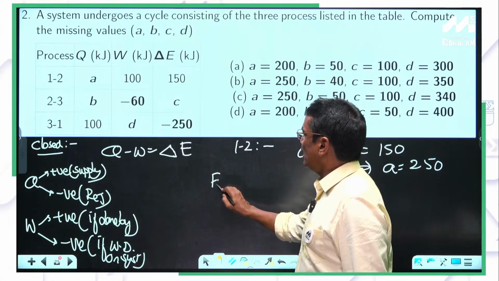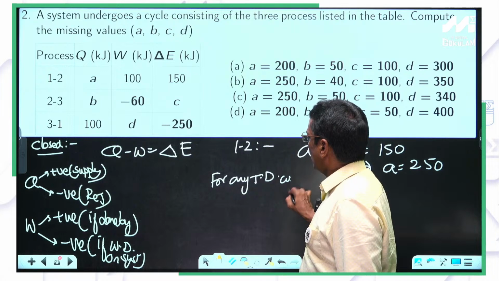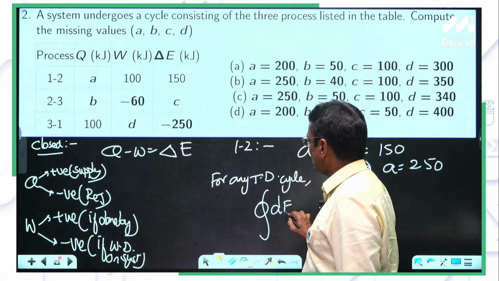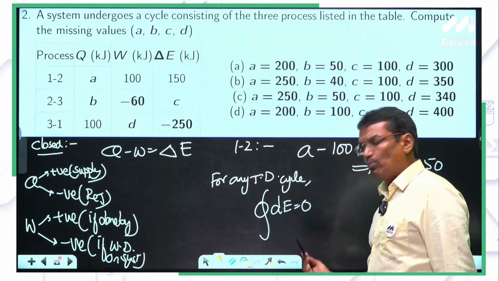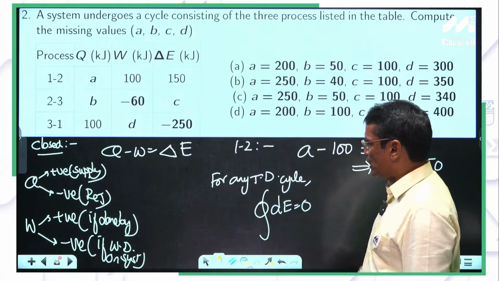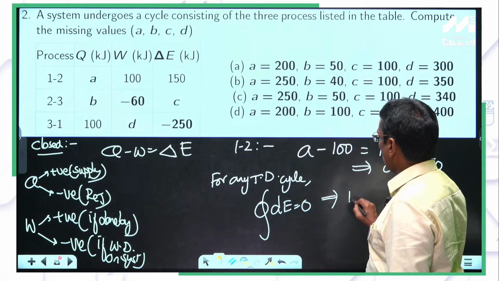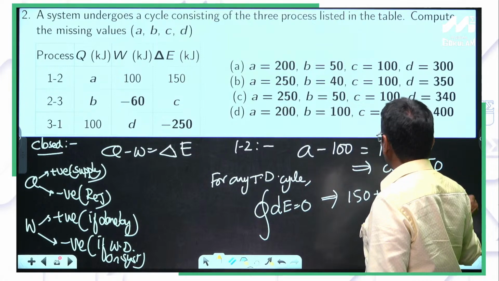For any thermodynamic cycle, because internal energy is a thermodynamic property, the cyclic integral of dE is equal to 0. Most books write internal energy as U, but here it is written as E, no problem. We have to add up all these delta E's: 150 plus C minus 250 should be equal to 0.